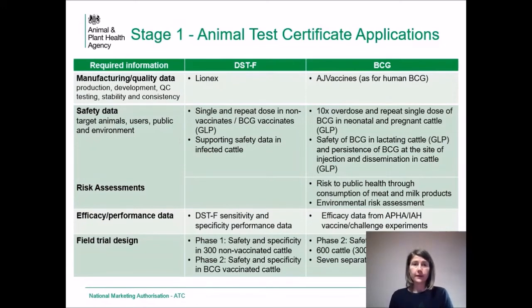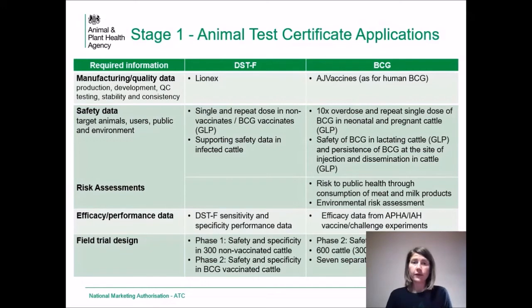You can see that quality data and manufacturing data had to be provided for both the DSTF and BCG, as well as safety data obtained through laboratory studies. Risk assessments had to be provided for BCG. One looked at the risk to public health through consumption of meat and milk products, and the second looked at the environmental risk coming with BCG vaccination.